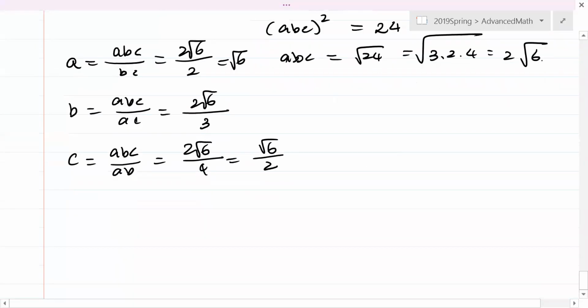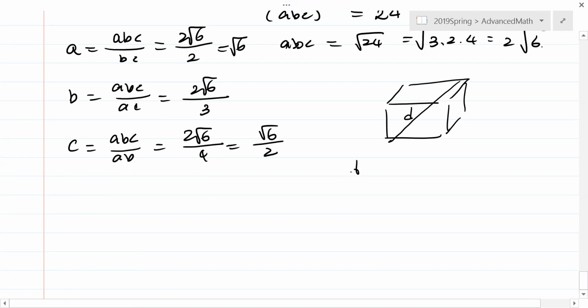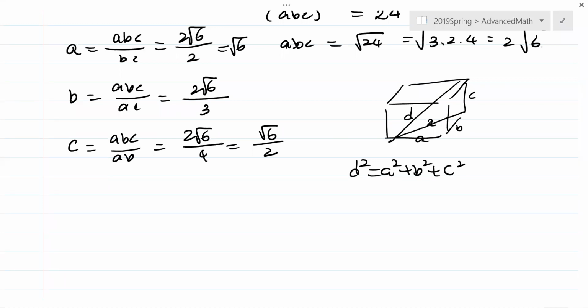Then those are the bad numbers, but if you look at the length of the diagonal, right? We know that D squared equals A squared plus B squared plus C squared. Yeah, add them together. Do you remember how to get it, right? So first we get X squared plus C squared, and X squared is A squared plus B squared.